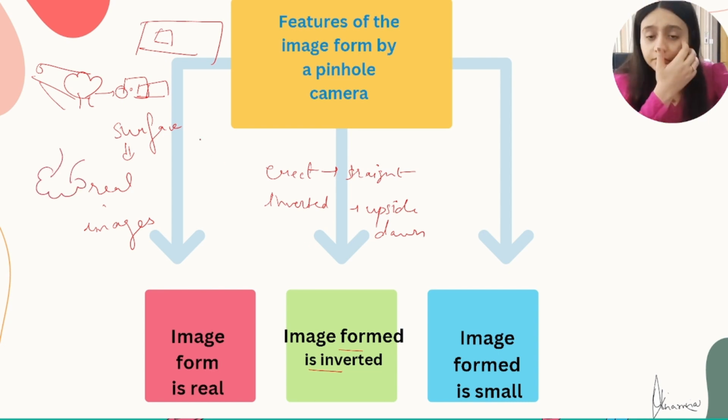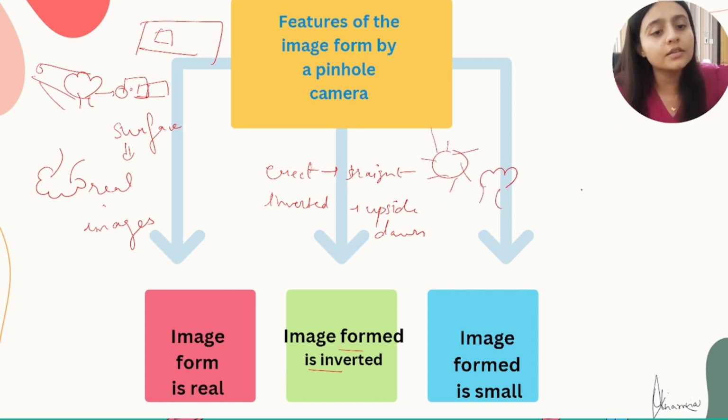See, again I'm making a picture here. This is the source of light, which is the sun. This is the tree, the object, and this is the pinhole camera that you are holding. The outer box has the hole and there is the screen. These are your eyes.